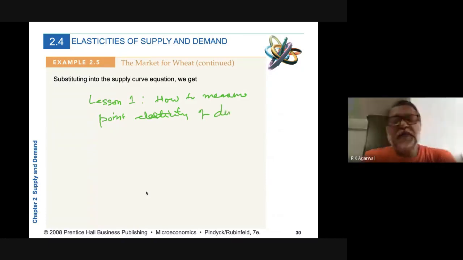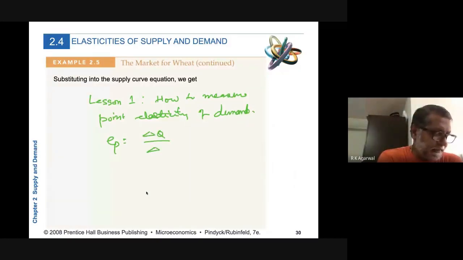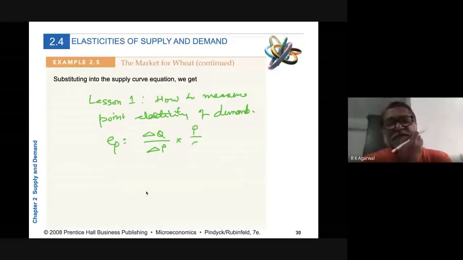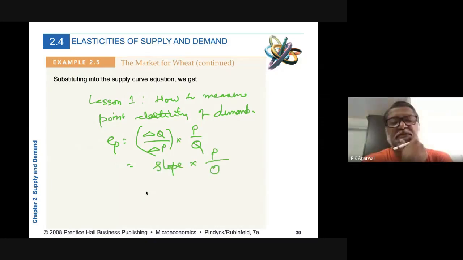Now, we have already seen what is the formula to calculate point elasticity. What was that formula? It was delta Q by delta P into P by Q. What did we term this term? It is slope. Slope into P by Q. This is the formula to calculate point elasticity.